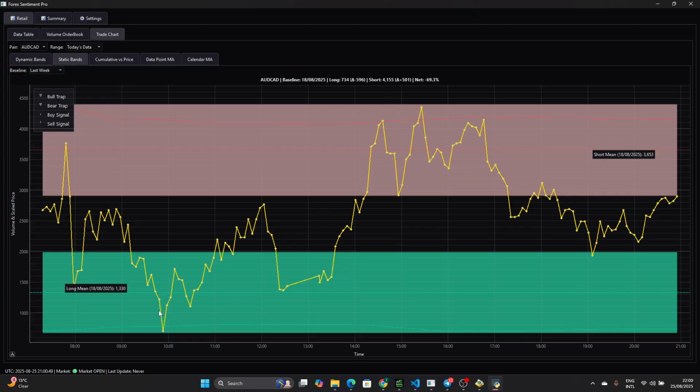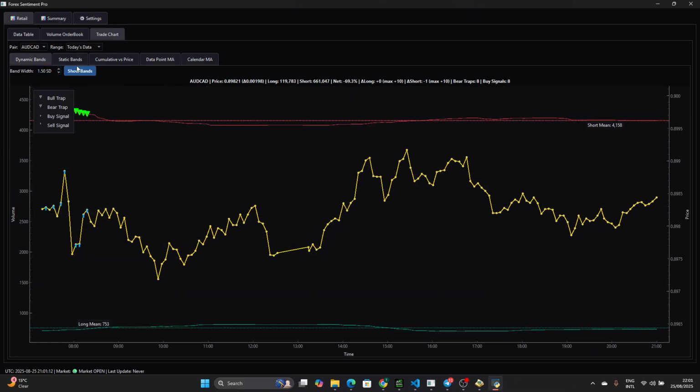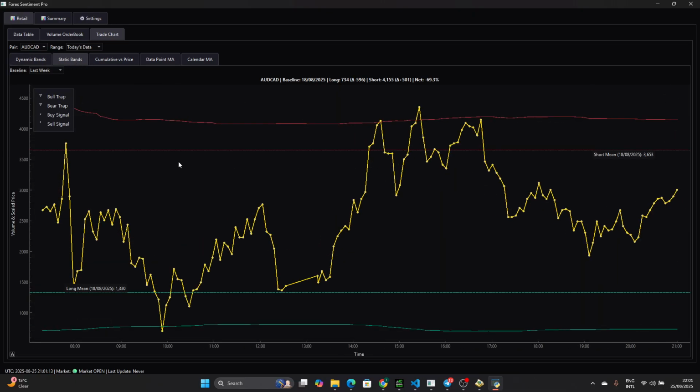So it's very clear that anytime you want to look for buy, you don't really want to look for buy when the price is within the red bands, or the short volume bands. At this time, you have to look at the long and short volumes. If I hide the bands, it will be a lot clearer.